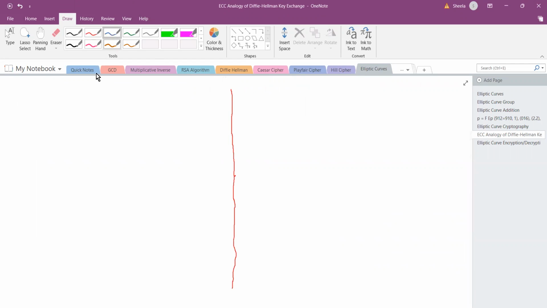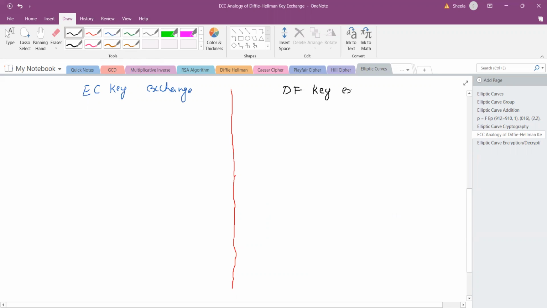When I'm going to consider elliptic curve key exchange and Diffie-Hellman key exchange: in case of elliptic curve key exchange, we will publicly announce the elliptic curve group defined over a prime number and a constant, and the corresponding point which we are going to use in calculating the key as well as in finding the public key.